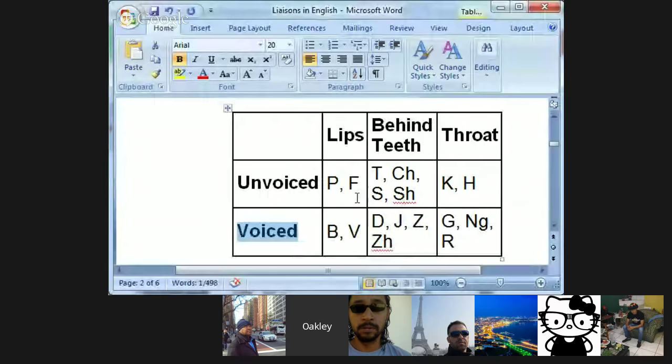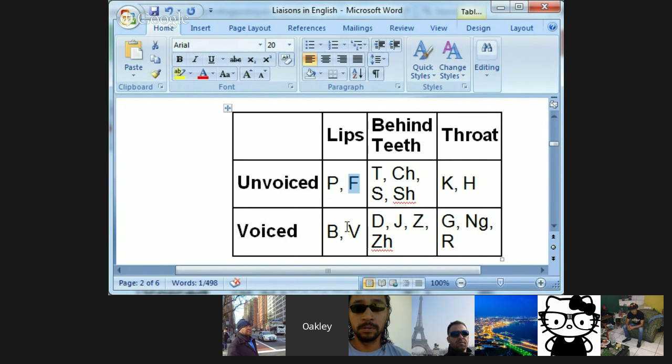Now, I think you might notice if you look at this little chart carefully that, for example, P is the same sound unvoiced as B. Same motion, physically. P, b, p, b.